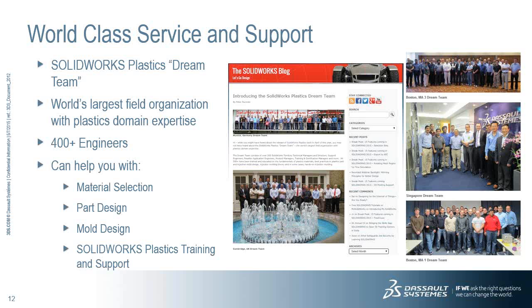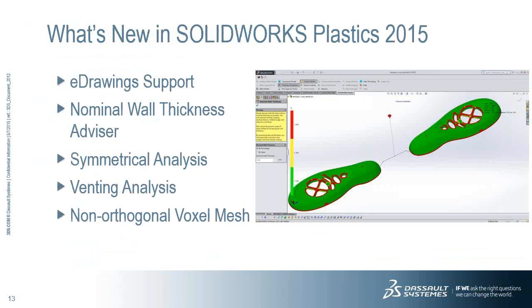The current version of SolidWorks Plastics is 2015 as of SolidWorks 2015, wherein we have built in new features like e-drawing support, nominal wall thickness advisor, symmetrical analysis, venting analysis, and also non-orthogonal voxel meshes. We'll discuss later, because we have different types of meshes. I am just going to show you what type of meshes we can achieve inside SolidWorks Plastics.